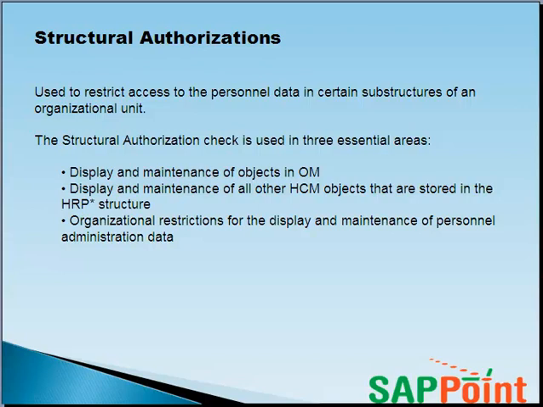But structural authorization doesn't say what positions or what jobs; that is done by the general authorization objects. So this is a brief introduction to structural authorizations. In the next video, we will see what an evaluation path is, because that is the most critical element when you implement structural authorizations.